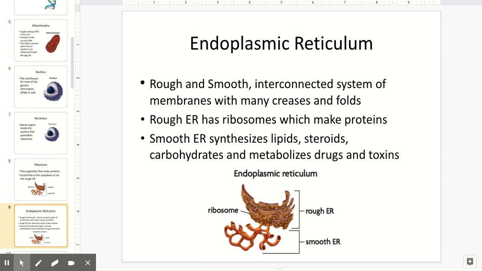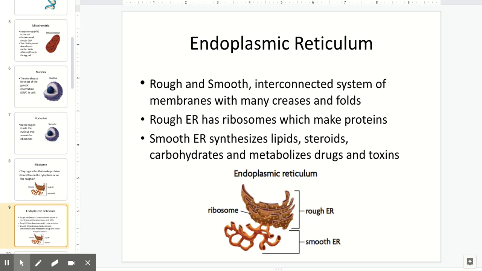In terms of endoplasmic reticulum, these are organelles that have lots of membranes and folds and creases. And there are two types of endoplasmic reticulum. The rough ER has ribosomes, so the rough ER is responsible for making proteins.